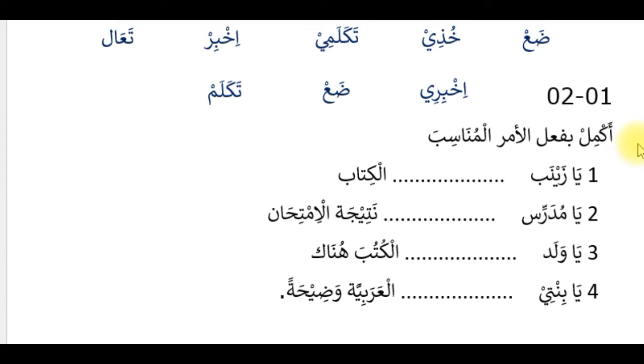أكمل بفعل أمر مناسب. Complete by using the imperative verb that is appropriate. One. يا زينب، ___ الكتاب. Ya Zainab, كتاب, book. ضع, we can use this. خذي, yes, we are going to use this. خذي, take.